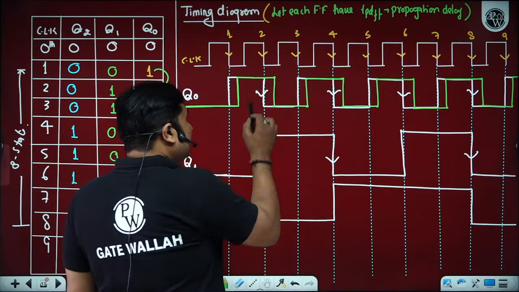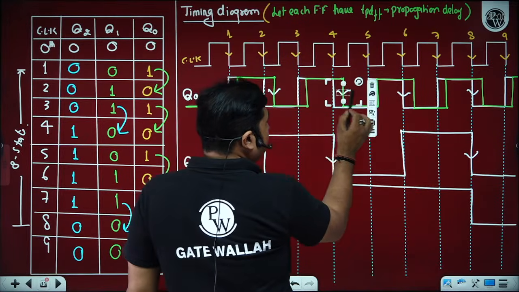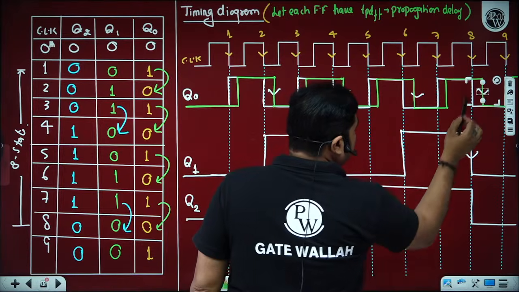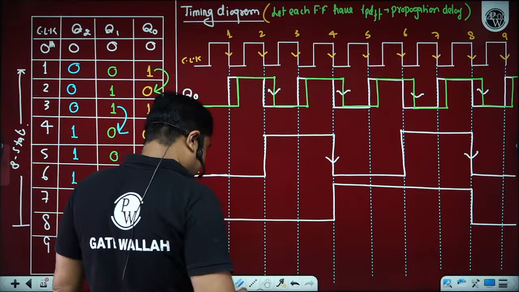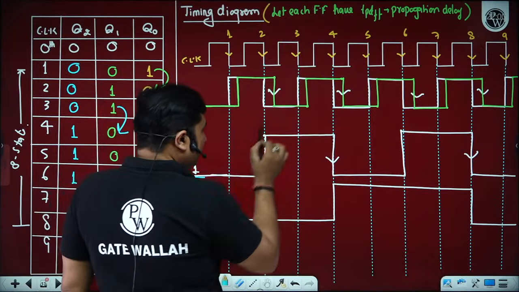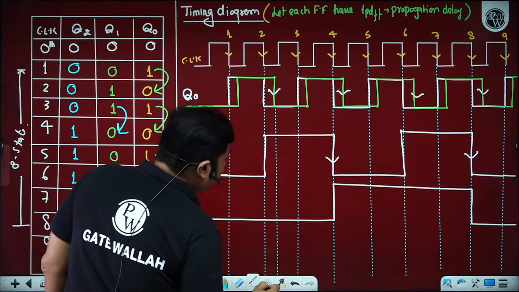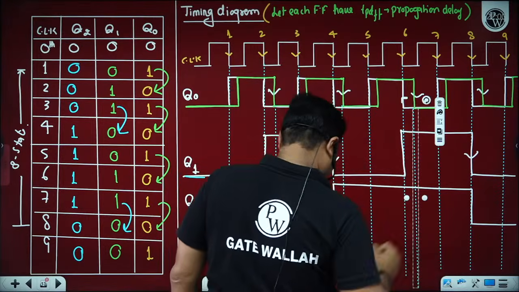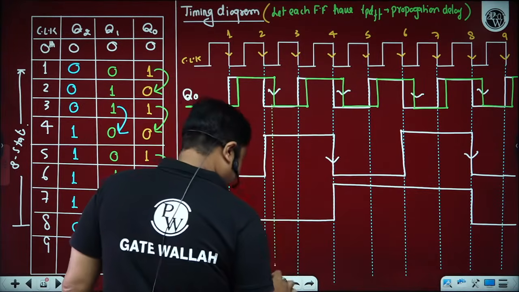So now the green line indicates the clock is shifted here. The green line indicates now the clocks are these. This is very important to understand, beta ji. Now the clock is not appearing here. So definitely, instead of getting this white line for Q1, the clock appears at these positions, which are indicated by the green dotted line.